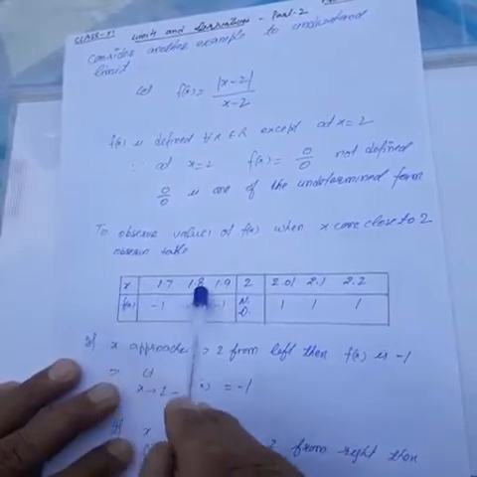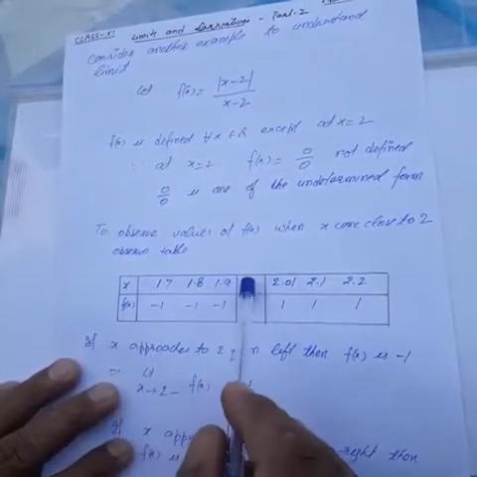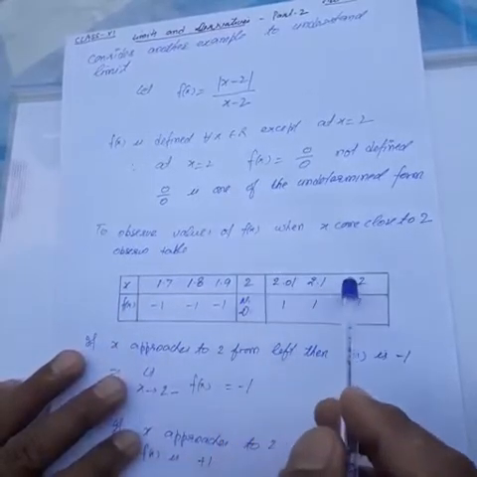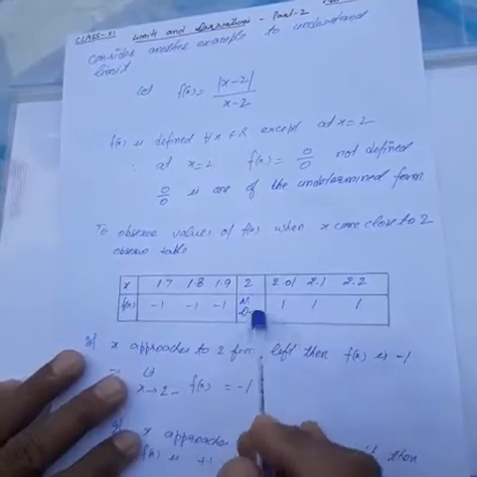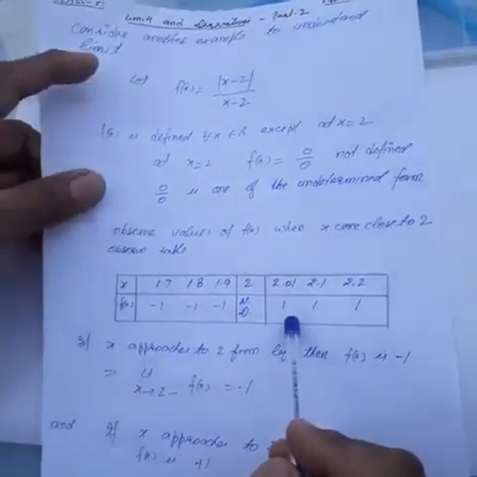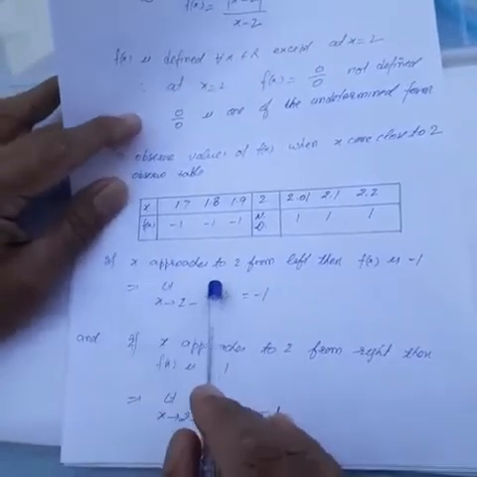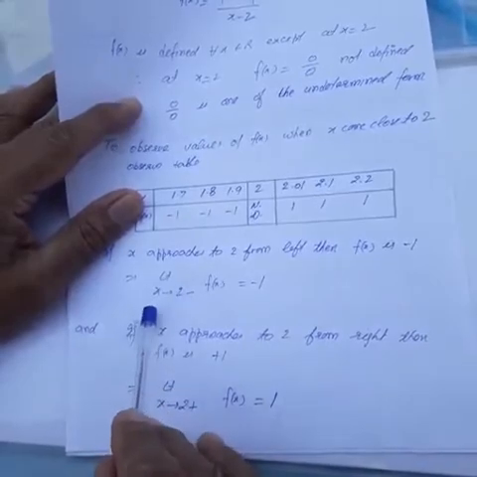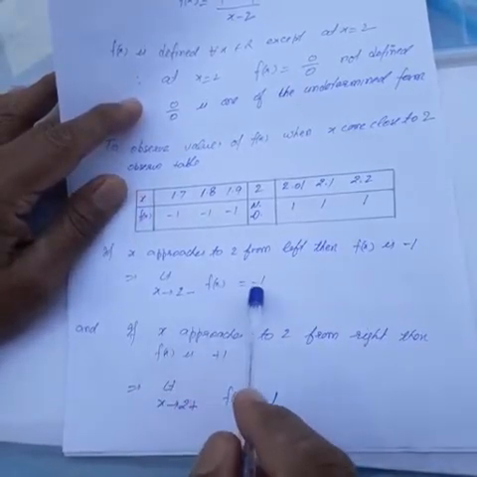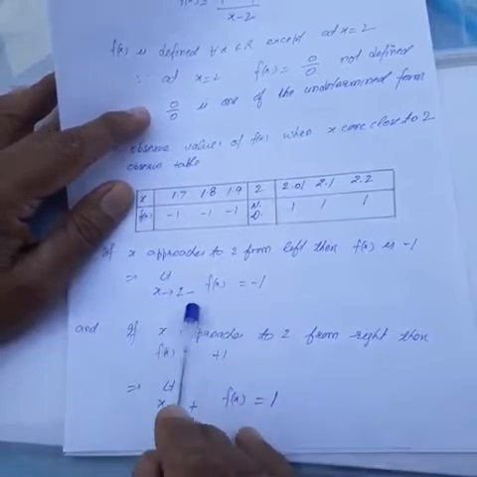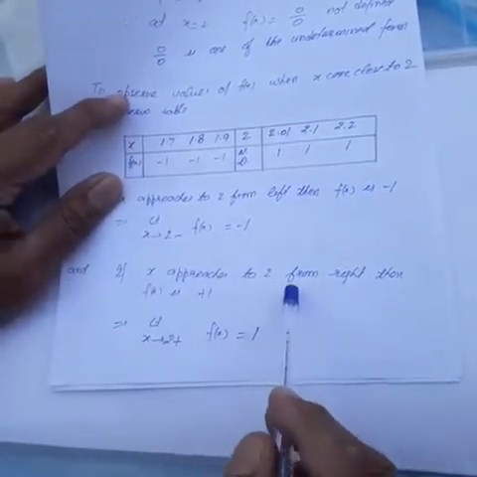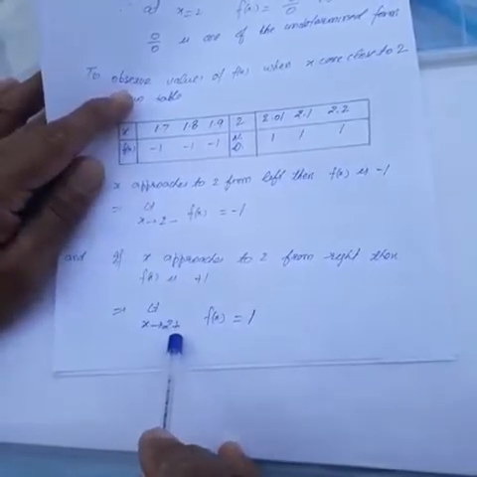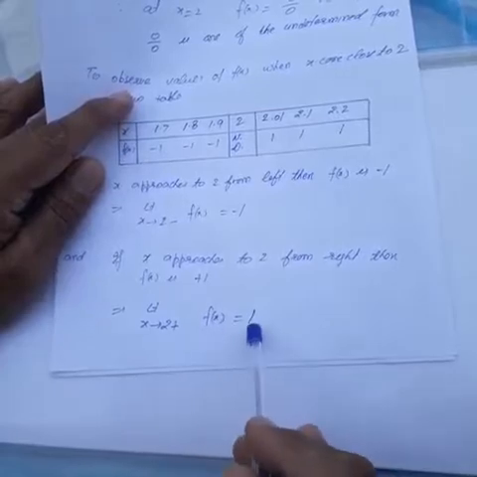When x is approaching 2 from left, on the left hand side on the number line, f(x) is -1. When x is approaching 2 from right, f(x) is +1. In symbols, limit x tends to 2 minus of f(x) is equal to -1, and limit x tends to 2 plus of f(x) is 1.